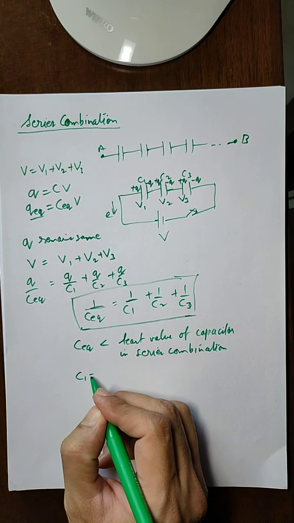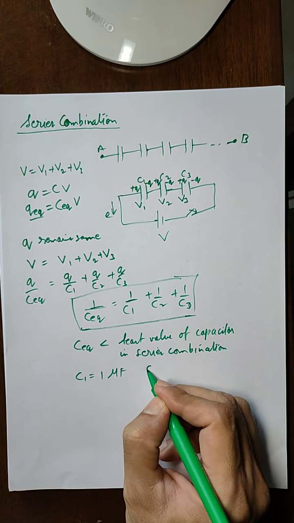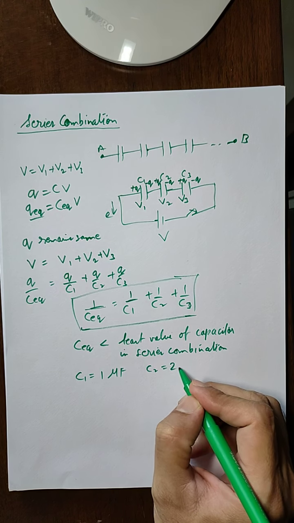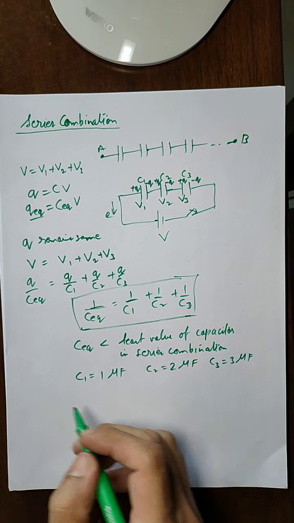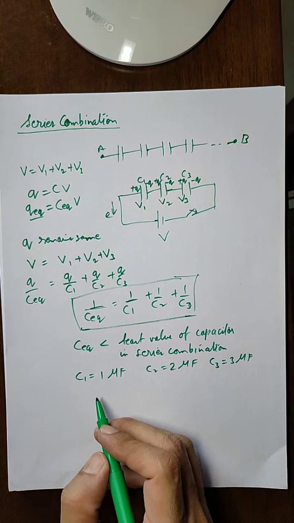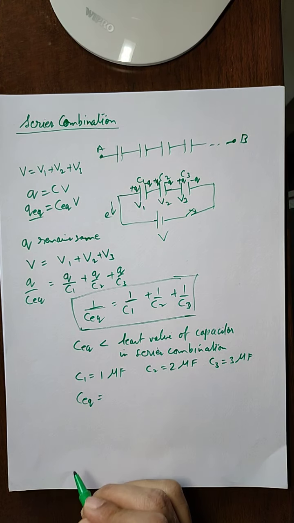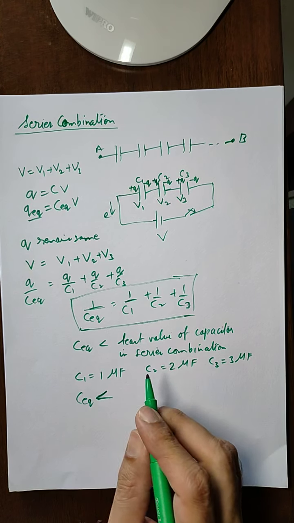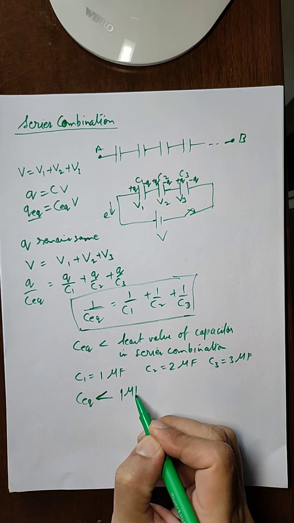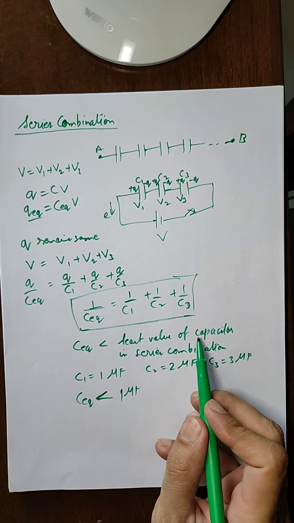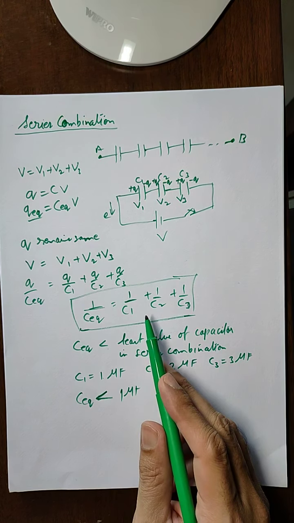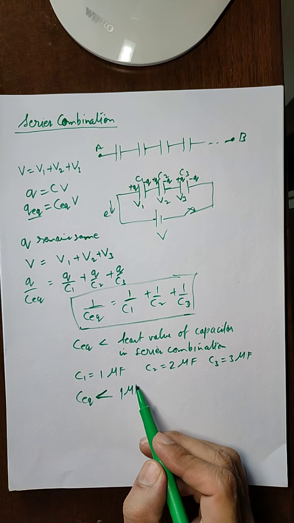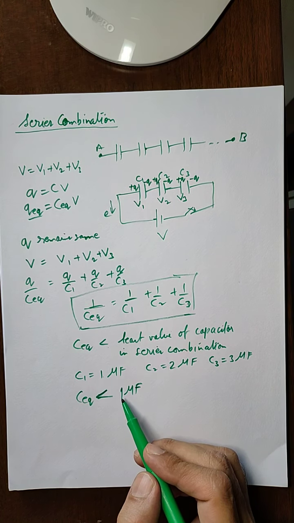Let us say C1 is 1 microfarad, C2 is 2 microfarad and C3 is 3 microfarad. If they are connected in series, then whatever the C equivalent is, it will always be less than this 1 microfarad. So it will always be less than the least value of the capacitor. 1 microfarad is the least value in this combination, so C equivalent will be less than even 1 microfarad.